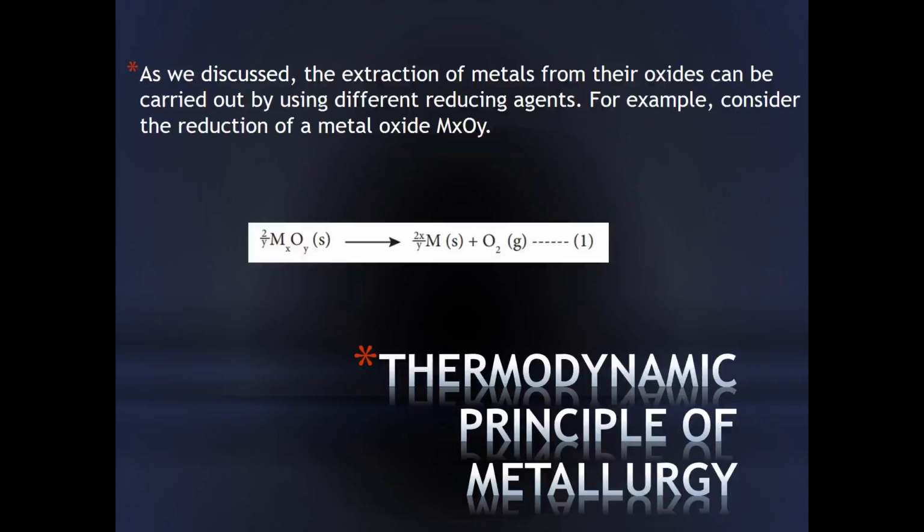The main aim is to reduce the metal oxide to metal, and for that we are using a reducing agent. They calculate based upon the Gibbs free energy, which is called thermodynamic equilibrium. The thermodynamic principle of metallurgy is determined. Let us see what he has done here.